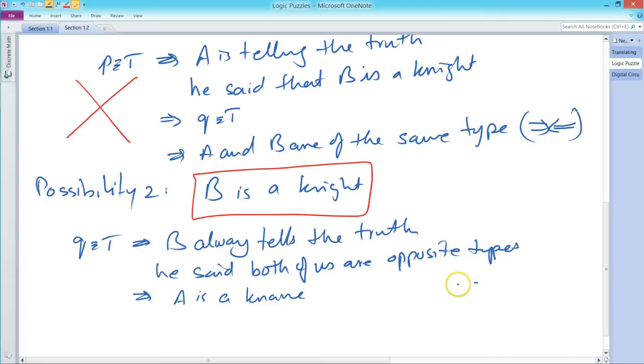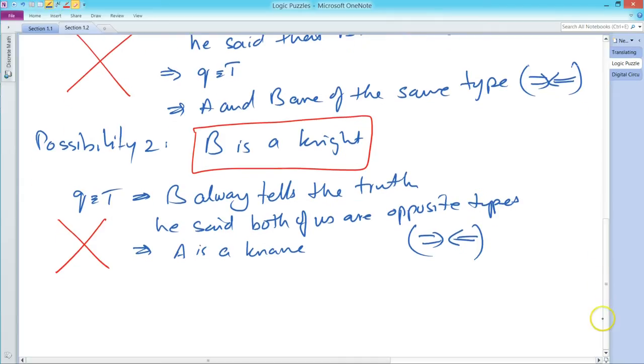So this is also a contradiction, because over here we are saying that A is a knave, but he is telling the truth about B, that B is a knight. So this is also not a possibility that can identify A and B according to the two statements that were given. So let's look at possibility number 3.